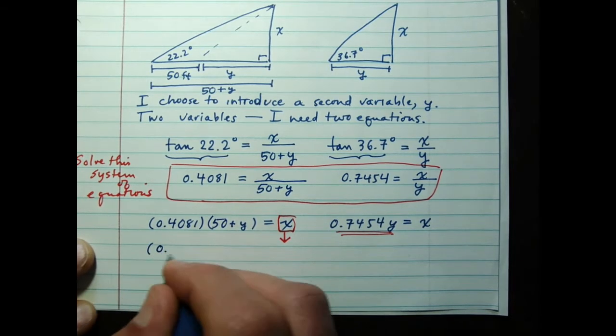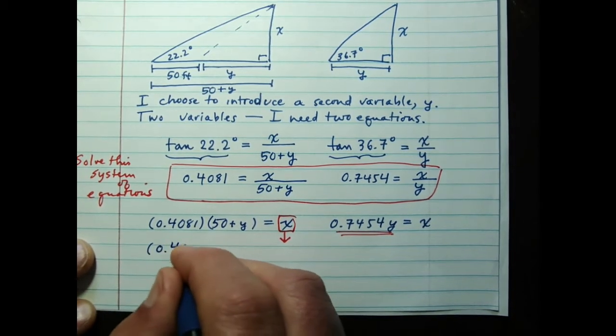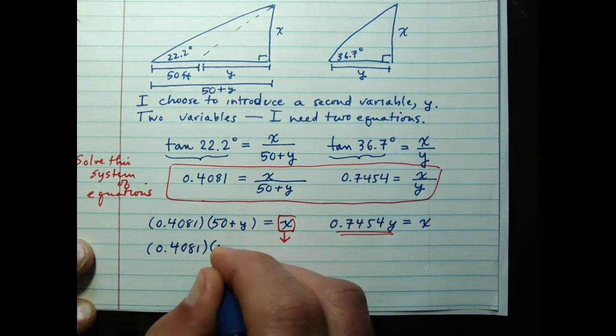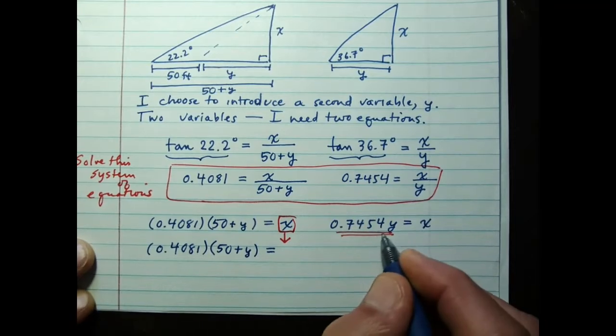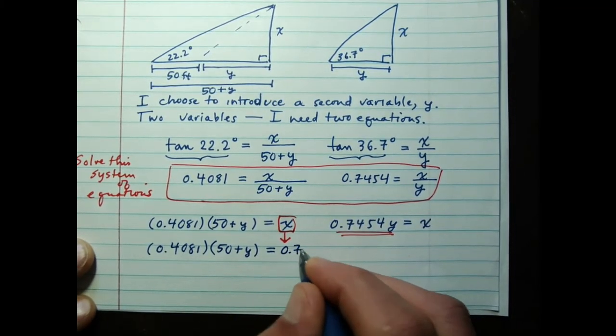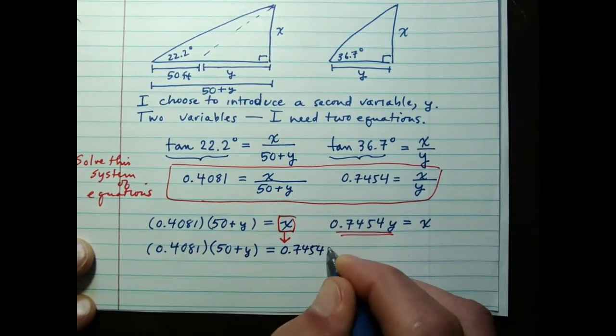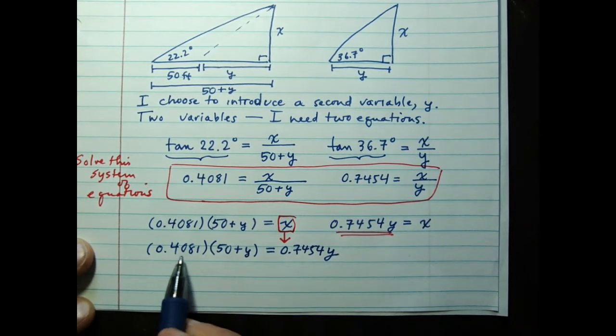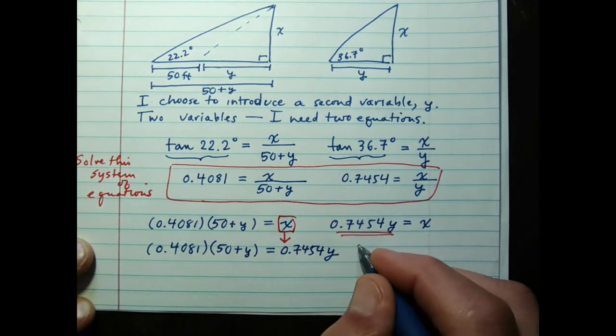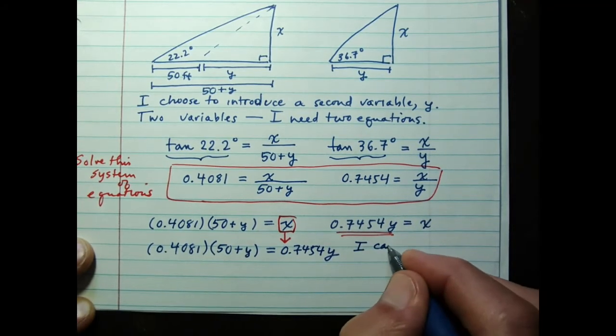So I have 0.4081 times (50 plus y) equals 0.7454y, substituting that in for x. I now have an equation with one variable that I can solve for y.